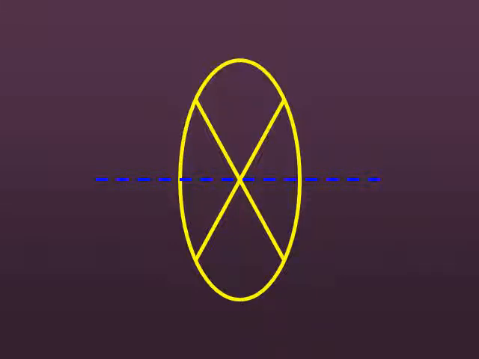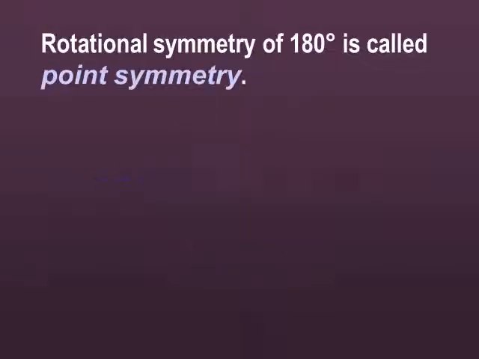So if I rotate this figure 90 degrees, it won't be exactly the same, but if I rotated another 90, or a total of 180, this would be called point symmetry. Okay, this is an example of point symmetry because it reflects about 180 degrees. So the definition of point symmetry is a rotational symmetry of 180 degrees.